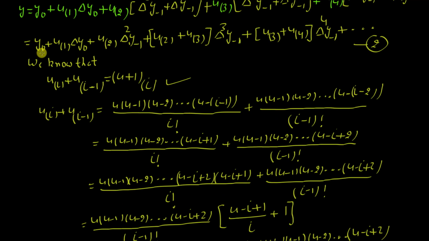So now we will be using this relation in this one. So what will it be? This term will be as such, and here we will be writing what it will be by this formula, and here you will mention that you are using it for I is equal to 3, and I is equal to 4.